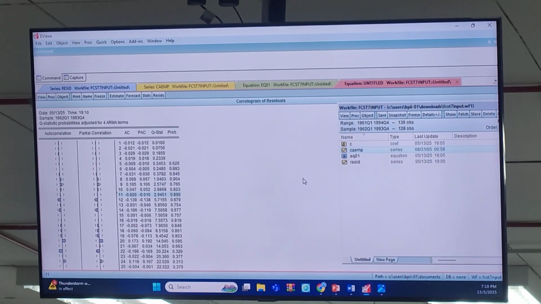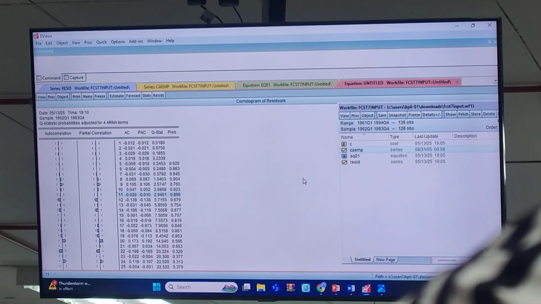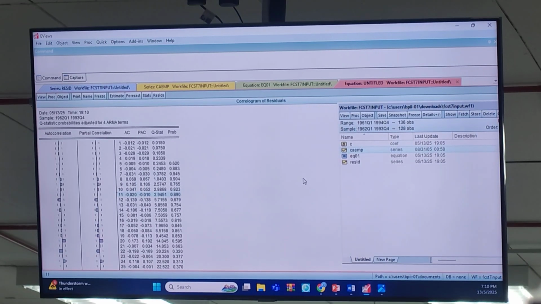So out of the 3, which one? Now you have 3 that you can use. Which one you can select based on AIC. You can compare and then choose AIC or SIC. Which one has the smaller value?